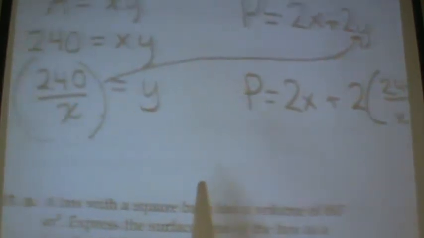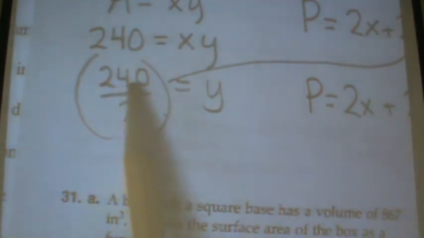And then plug 15.5 in here. What's 240 divided by 15.5? You get 15.5. So to have the smallest possible perimeter, if your rectangle was 15.5 by 15.5, you would get the smallest possible perimeter.